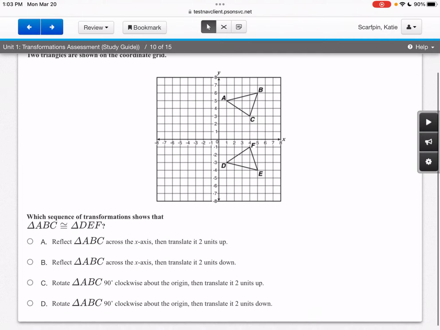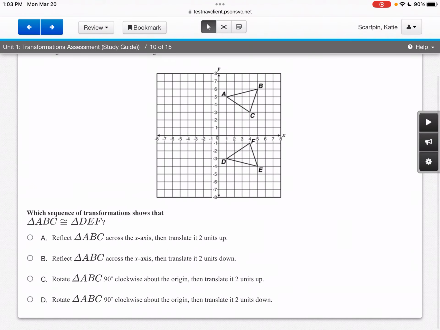All right, for this one, it says, what was the sequence that shows the transformation? If we're looking at A, B, C and D, E, F, that means they go in the same order, so A corresponds with D. It says that it was rotated and then translated, or reflected and then translated.